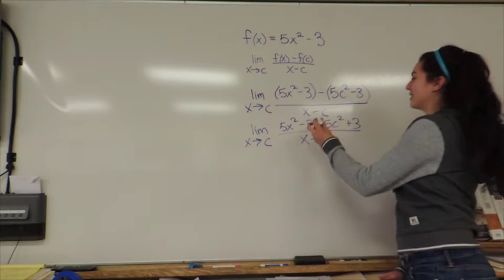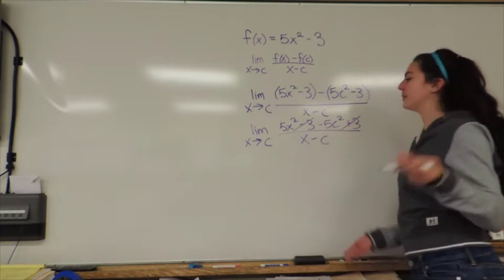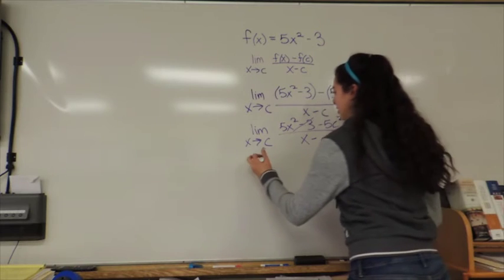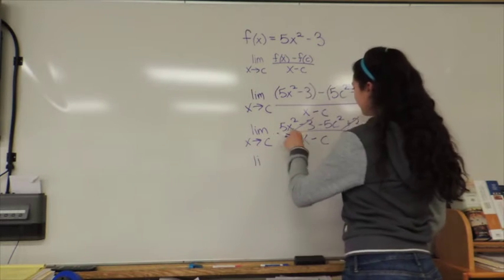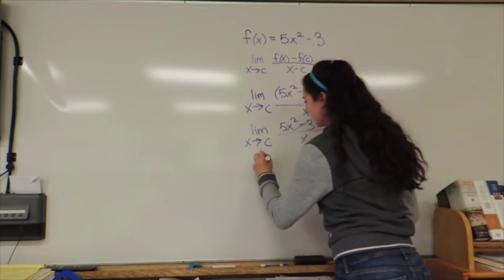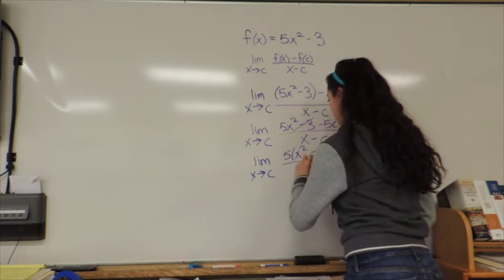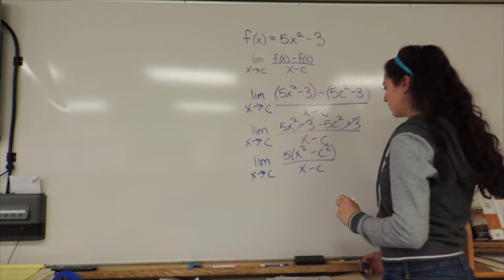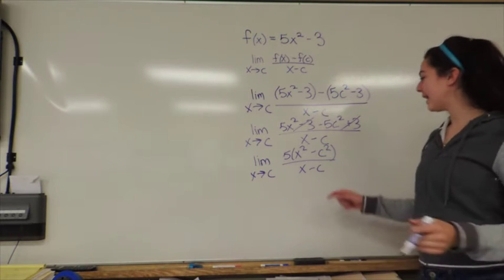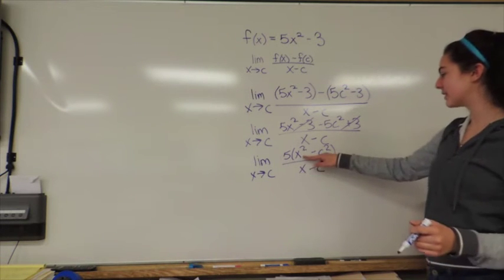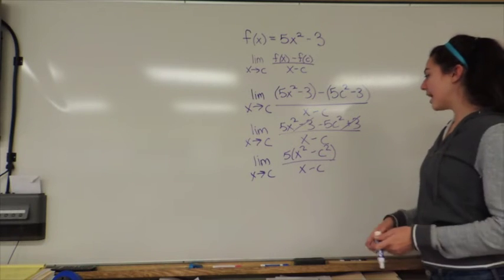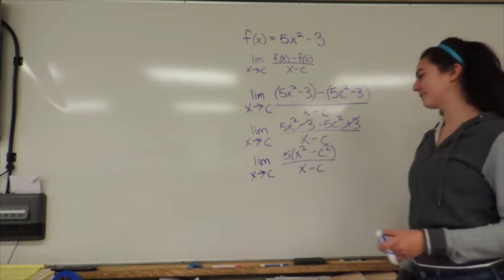And then you can see that these 3's are going to cancel, because negative 3 plus 3 is 0. And then you can factor out the 5 here on the top. And then after you take out the 5, you can see that this is a difference of 2 squares, and so you can factor that.